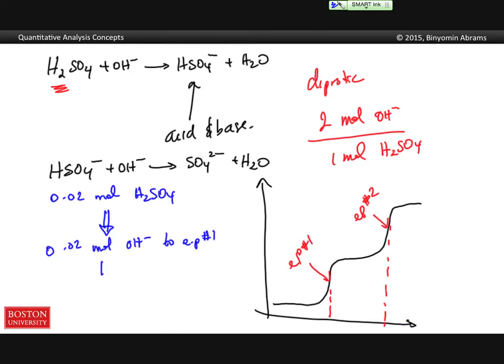And we're going to need another 0.02 moles of hydroxide to get to equivalence point number 2. And that means that you're going to need, in the case of 1 molar sodium hydroxide, 20 milliliters to get to the first equivalence point and 40 milliliters to get to the second equivalence point.